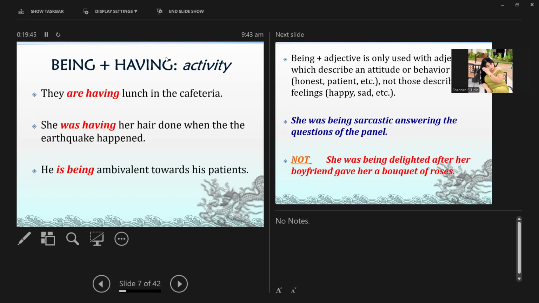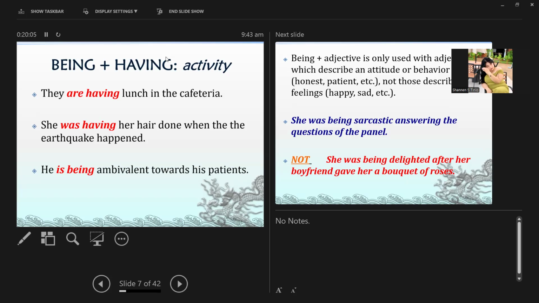And lastly, the last example, he is being ambivalent towards his patients. He is being ambivalent. So what do these sentences all have in common?